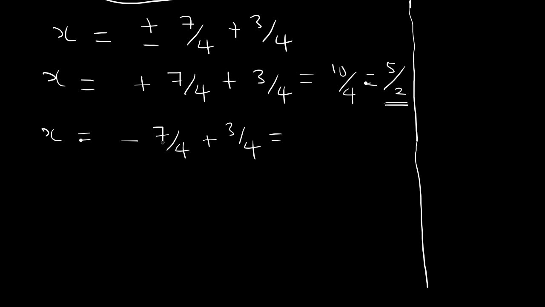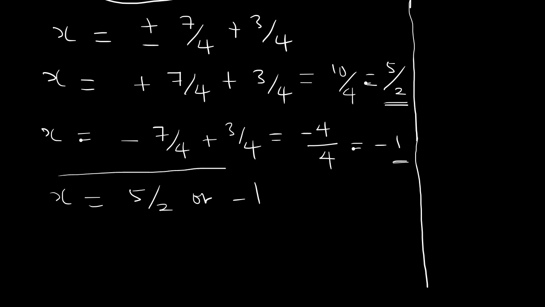Here we have minus 7 plus 3. Minus 7 plus 3 is the same thing as minus 4 all over 4. And that will give us minus 1. So our solution, x is equal to 5 over 2 or minus 1.